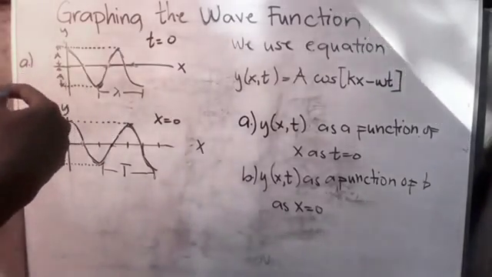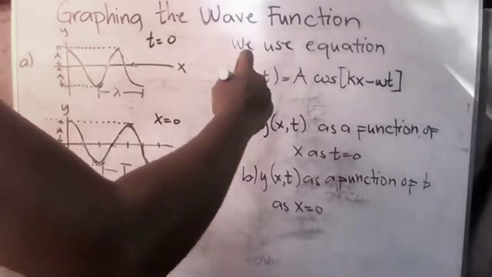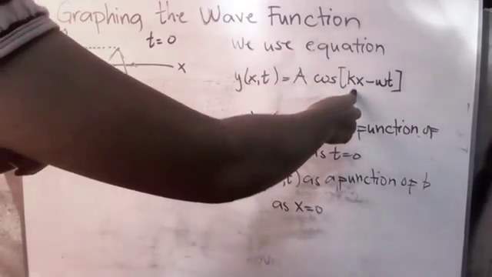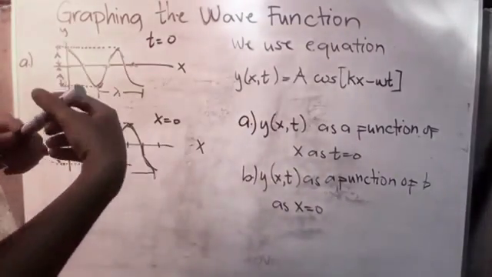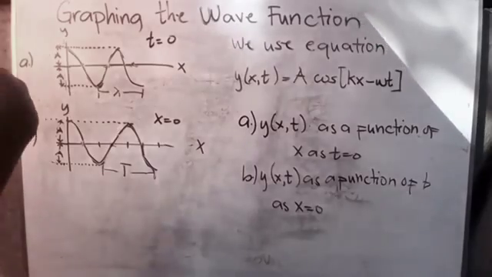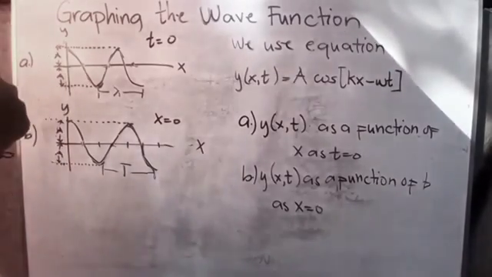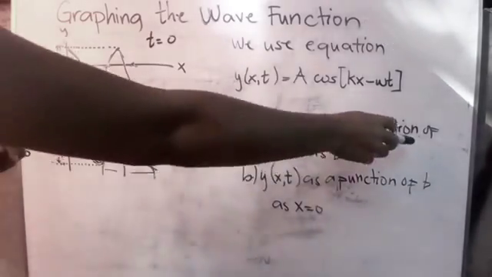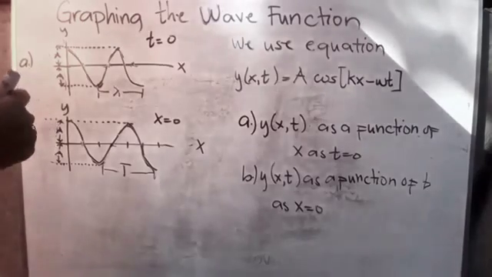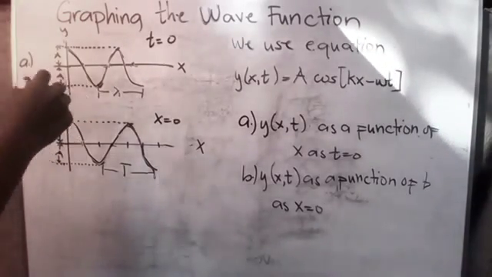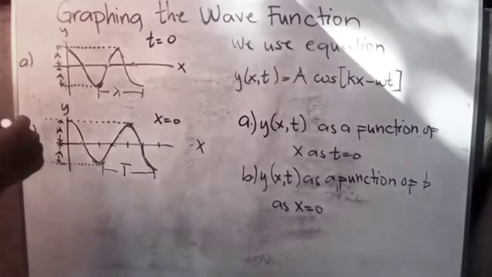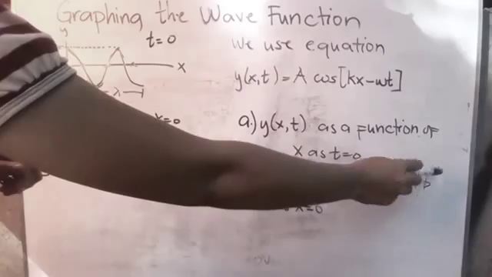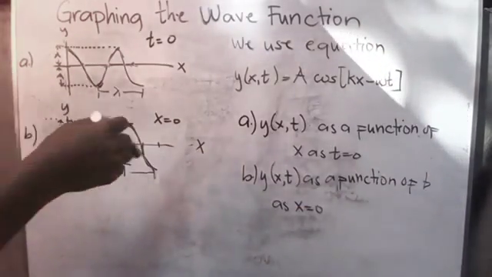So, graphing the wave function. We use the equation y as a function of x and t equal to A cosine (kx minus omega t). In graph A, we set y as a function of x, with time equal to 0. So this will be the graph. In graph B, we consider y as a function of t, with x equal to 0.